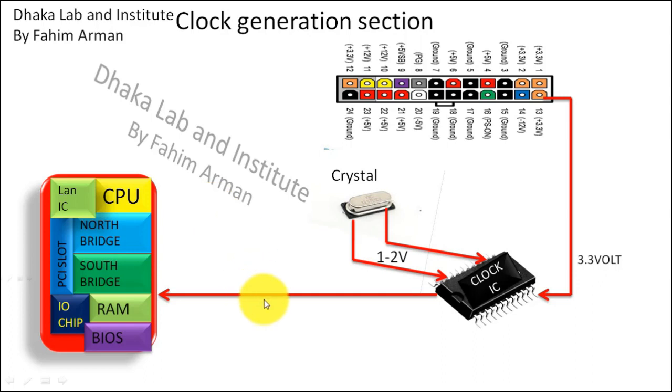We can get 1 to 2 volt, and this clock IC will generate a 1 or 2 volt clock signal to all these ICs. So after having those voltages, we can say that all the ICs and the clock IC are fine, the clock section is fine.